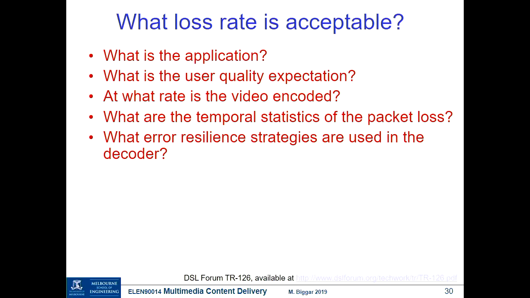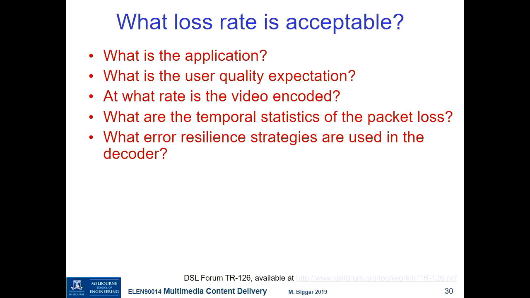It depends on many factors. It depends on what the application is. Is it my expectation that I've bought a great new high definition TV set, and I've subscribed to Netflix and I'm paying them money every month, so I expect good quality, or am I looking at YouTube clips and it's costing me nothing and I have low expectations anyway?